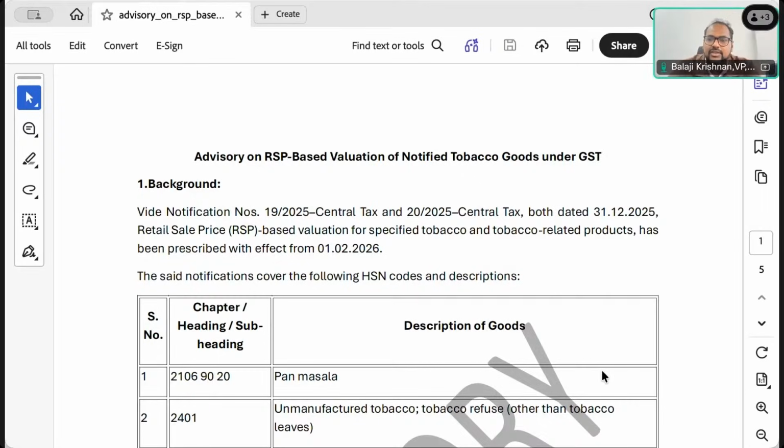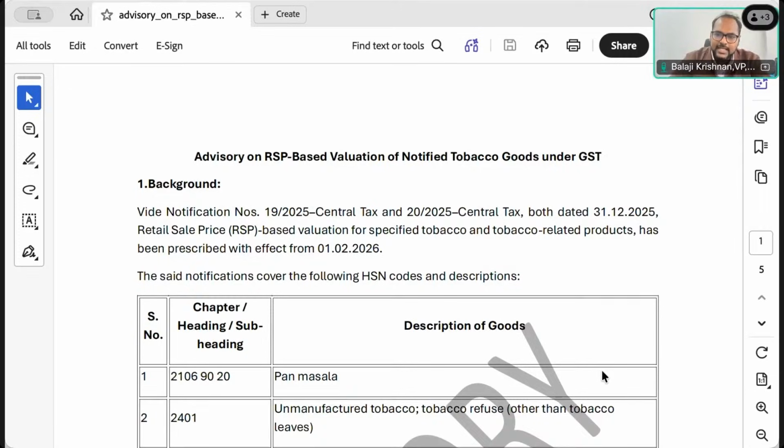The existing GST systems, that is the e-invoice, e-way bill and GSTR1 systems, were designed on the transaction value model. These systems currently enforce a validation rule that says the taxable value and tax amount should not exceed the total invoice value.